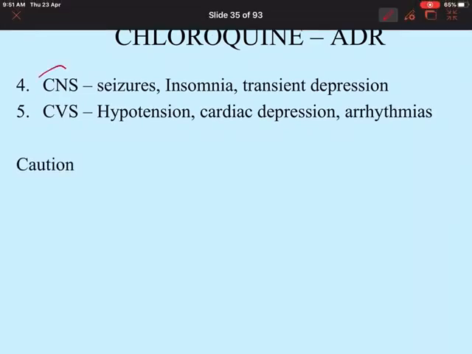Given in a high dose in the CNS, it can cause seizures, insomnia, transient depression. We also understood it's a myocardial depressant. It can cause hypotension. It can also cause arrhythmias.